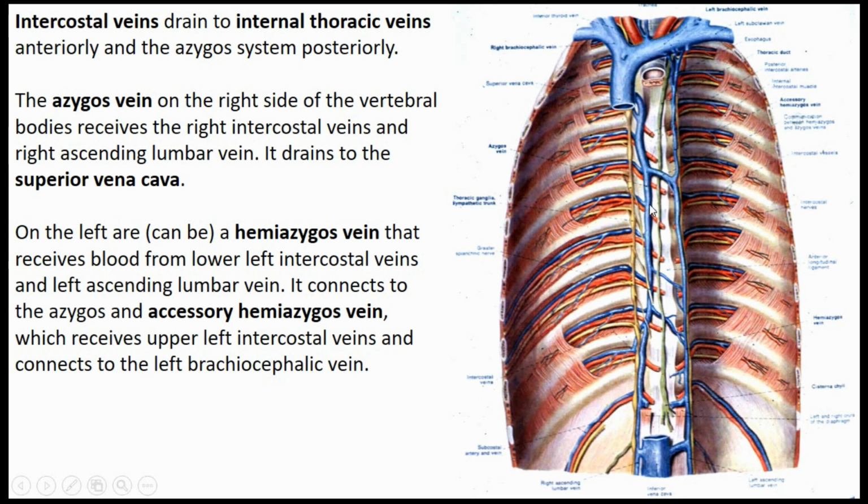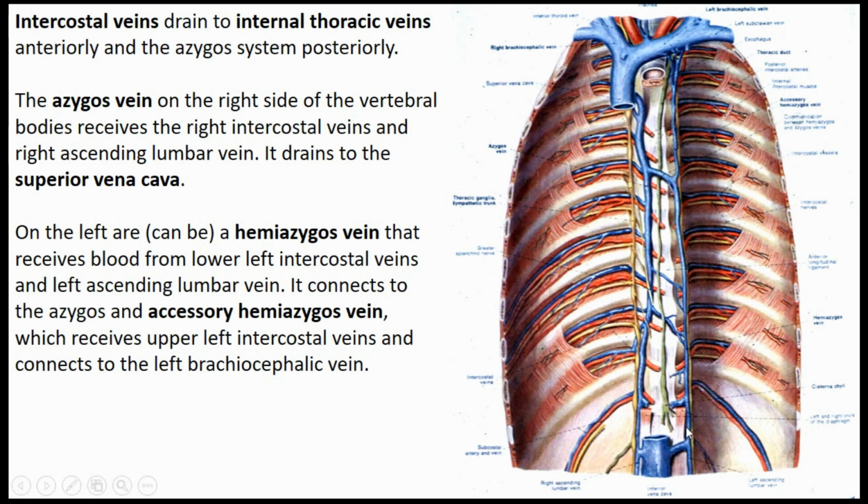The azygous vein is usually accompanied by a smaller vein on the left called the hemiazygous vein, and it's getting its venous blood from the left side intercostal veins. Stretching superiorly from that little connecting branch there, there's often an accessory hemiazygous vein that's getting blood from the upper left intercostal veins.